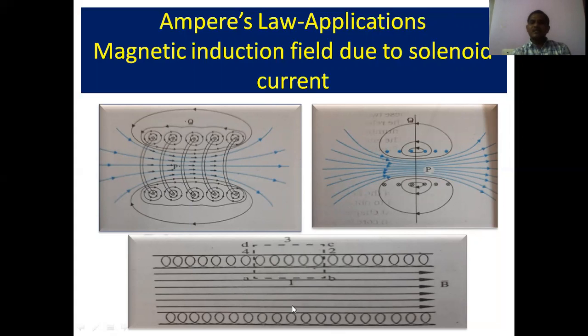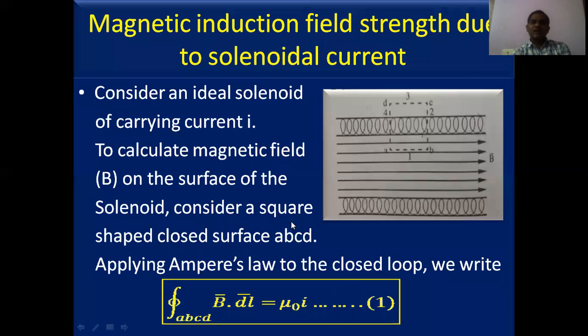Here, since it is a long solenoid, the magnetic lines of force are represented as parallel and straight lines, right? So now we have to calculate the magnetic induction due to the solenoid current. As I explained here, we consider a long solenoid in which current I is passing. So to calculate the magnetic field, we consider this rectangle shaped closed curve, right?